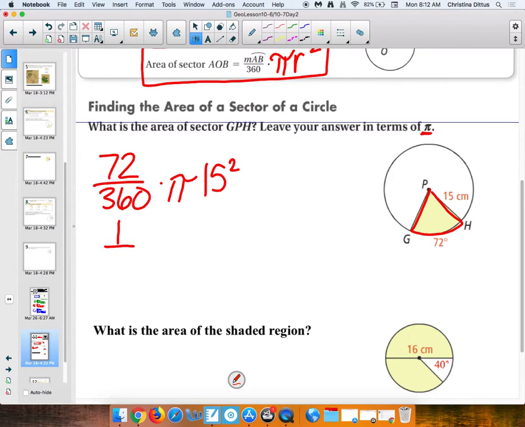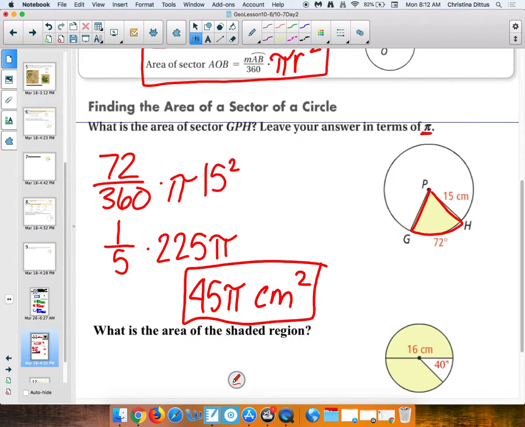And then what is 15 squared? 225 pi. So then take 225 divided by 5, and we get 45 pi. And this time when I label, I'm going to do centimeters squared, because we were talking about area. It's not hard? Good. Formulas.